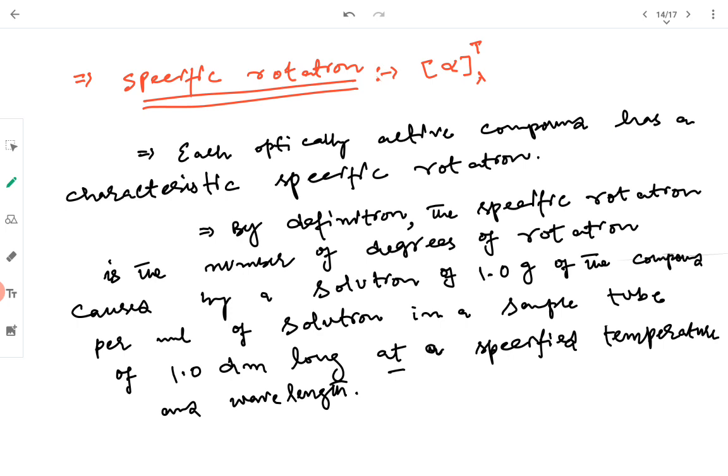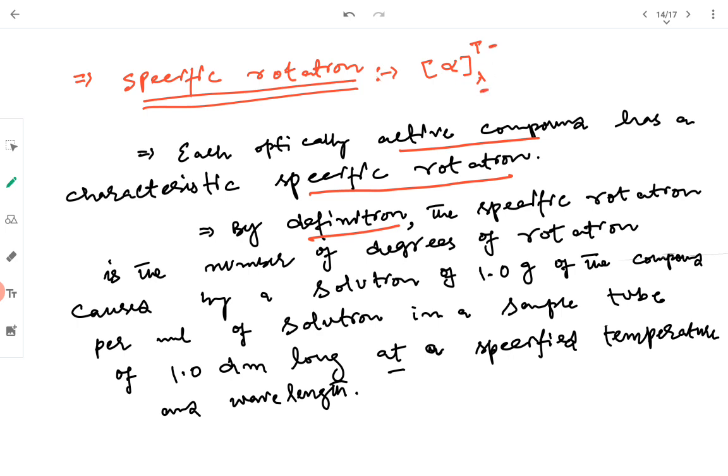There is something called a specific rotation. Every molecule has a specific rotation. Each optically active compound has a characteristic specific rotation. By definition, it is shown by alpha in square brackets, with the wavelength and the temperature.